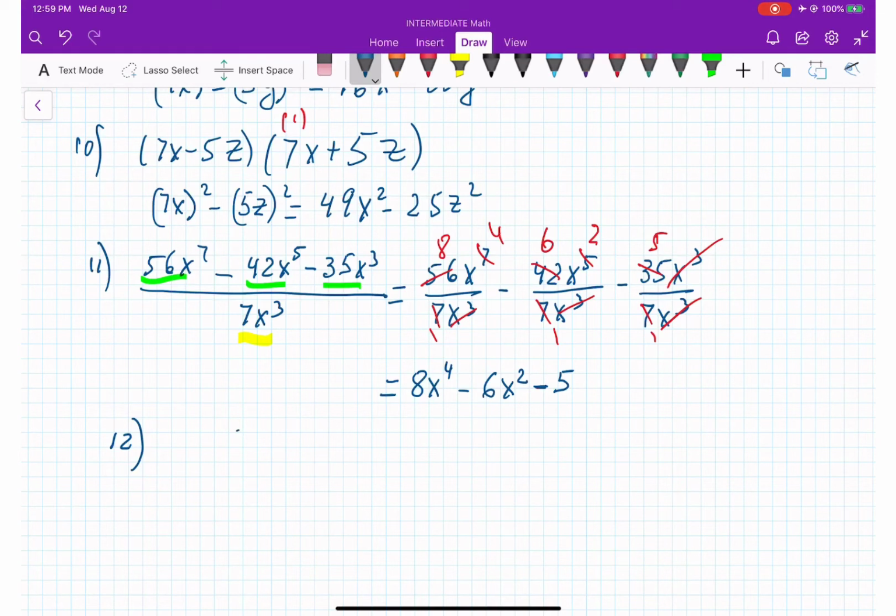What do we have? 25x to 6 minus 30x to 4 plus 15x cubed, dividing by 5x cubed.